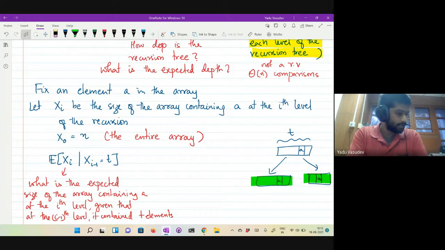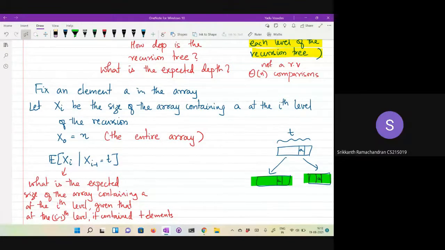Why is that? Assuming they are all distinct, there is 1 over t possibility for each value of size from 1 to t minus 1.